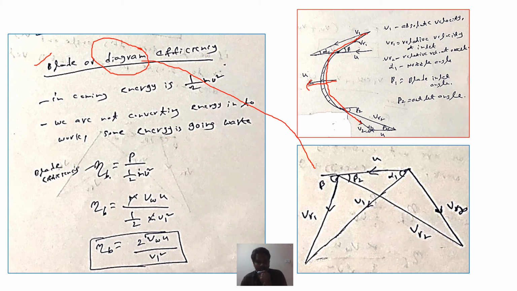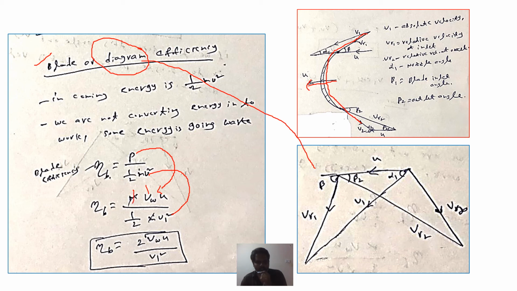I have written in the denominator half mv square. In the numerator, in the place of P, we already derived the equation in the previous slide. That is m dot into Vw into u. U is the blade velocity, Vw is the whirl velocity, m dot is the mass flow rate.